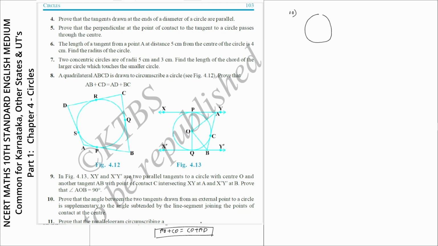So there's a circle, and from an external point two tangents are drawn like this. Let the external point be P, and let the center of the circle be O. So from P two tangents are drawn.